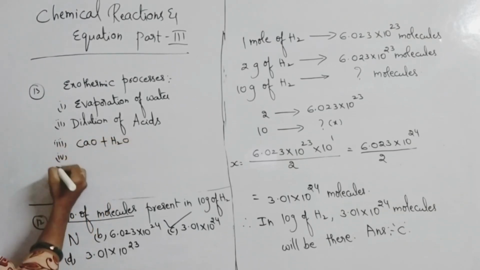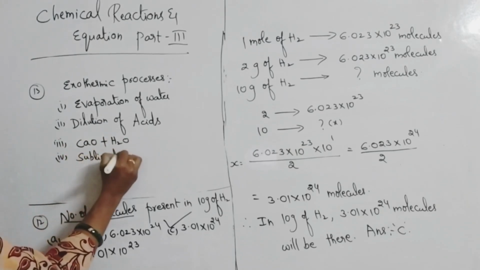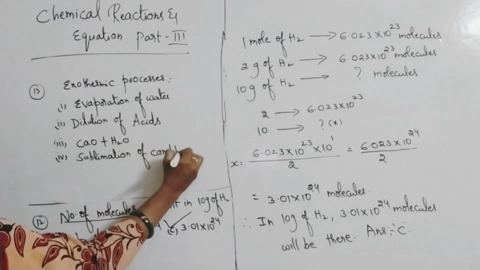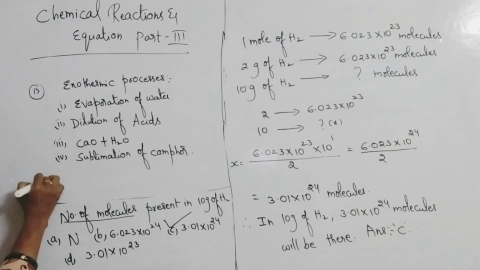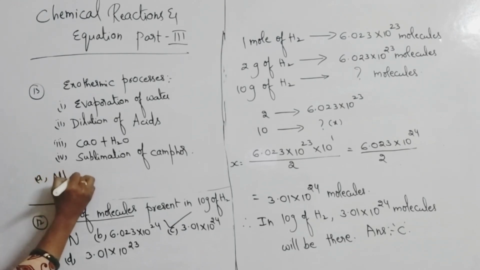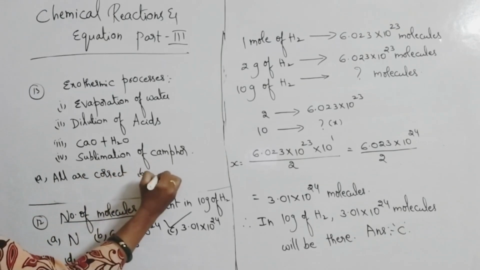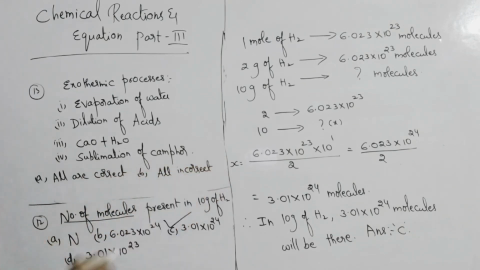And option 4 is sublimation of camphor. So what is the correct answer in this? Options are given: option A, all are correct; option B, all are incorrect; option C, what is given to you?